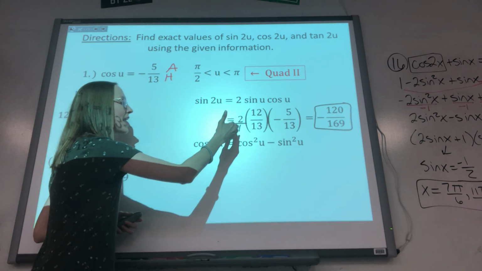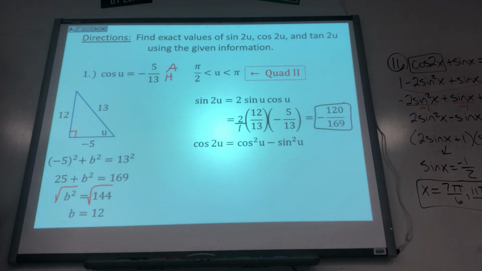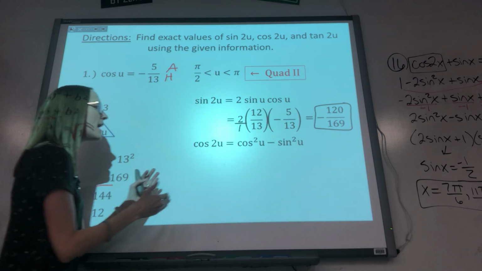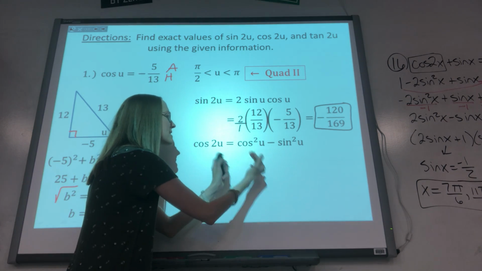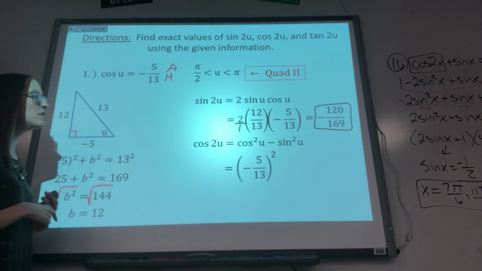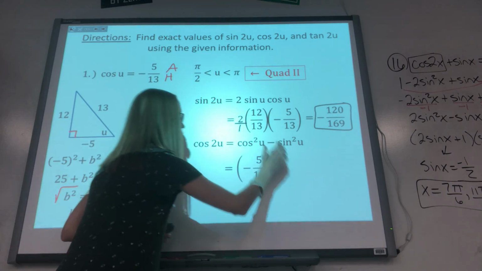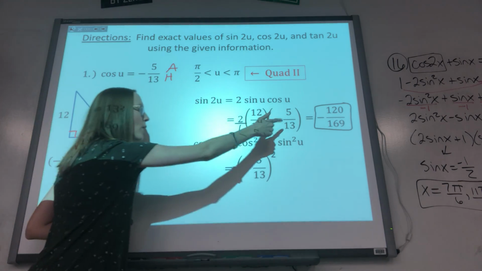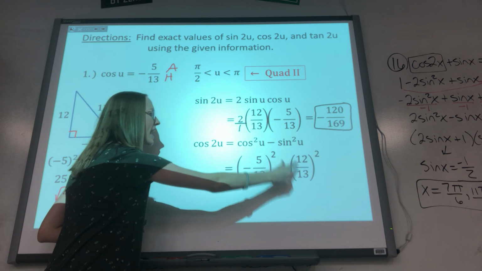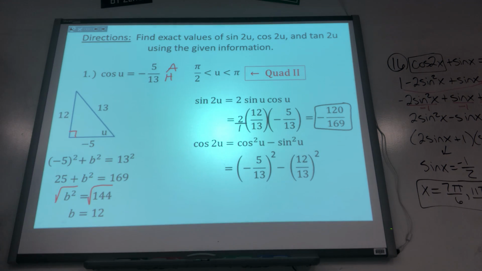So, cosine squared of u, remember that's the same as the entire cosine of u squared. So that is -5/13 squared. And then second part, sine squared of u is the same as the entire sine of u squared.